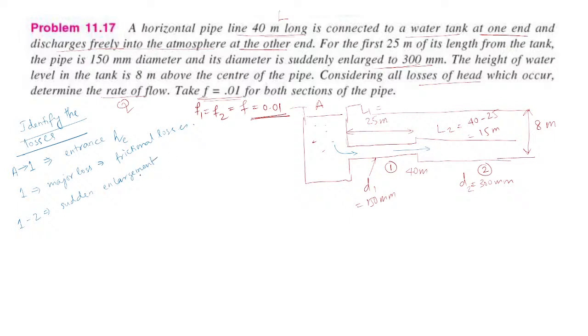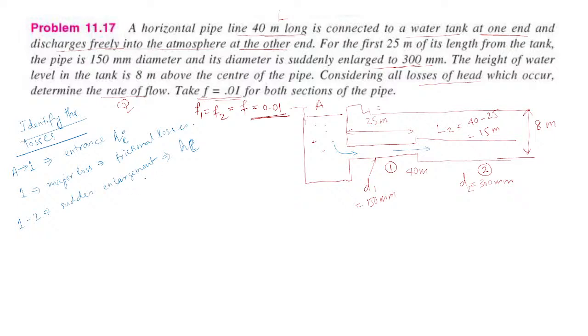There is a sudden enlargement. So sudden enlargement, H of I, entrance is H of I, and according to the bookish definition it is an H of E. Anyway, understand the formula and do this accordingly.